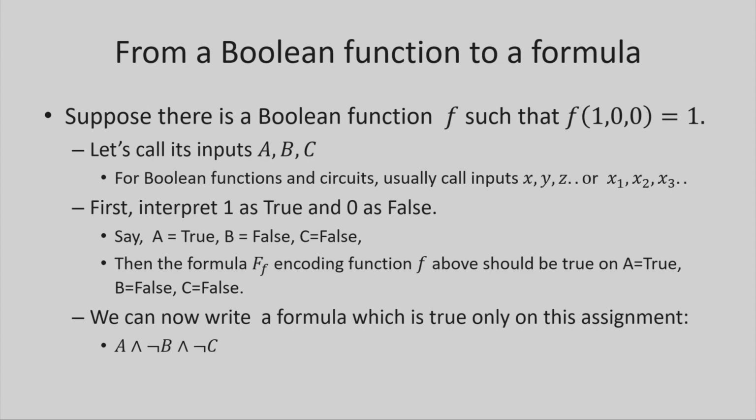Here is a formula that codes up the fact that f evaluated to 1 when 1, 0, and 0 were its input. It doesn't say anything about f values on other inputs, or actually, in fact, if you only have this formula, then it will only be 1 for this particular input, but we will handle that in a moment.